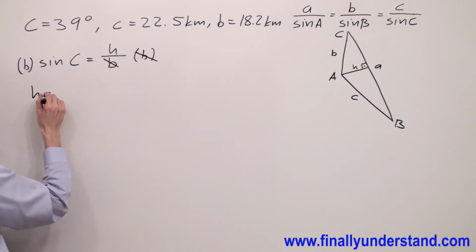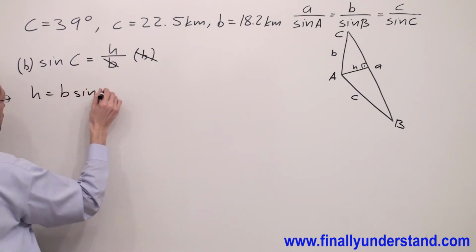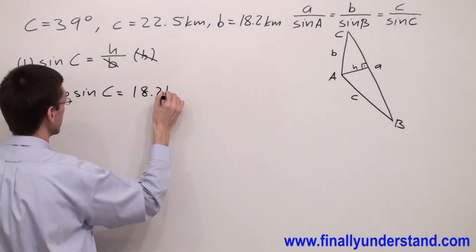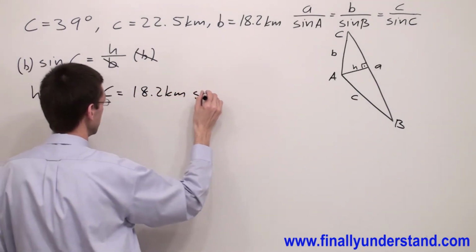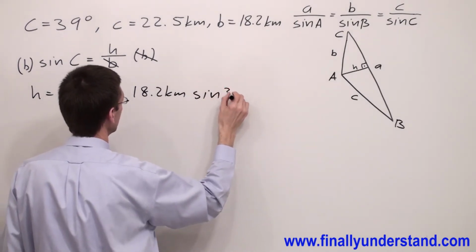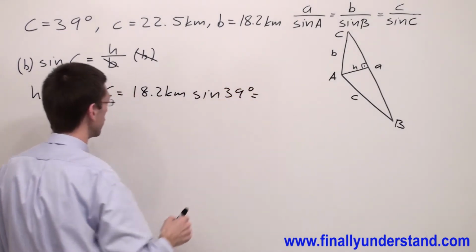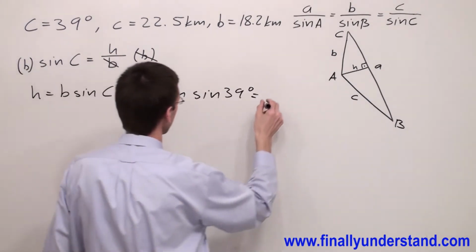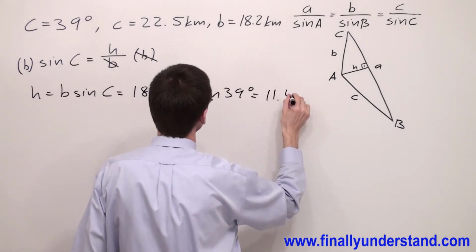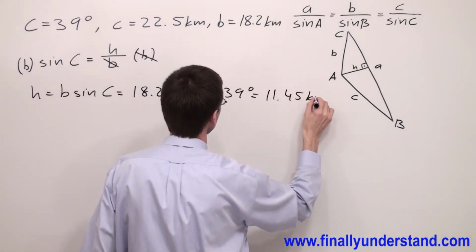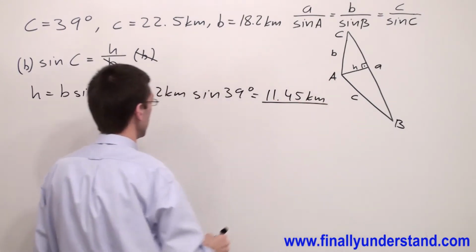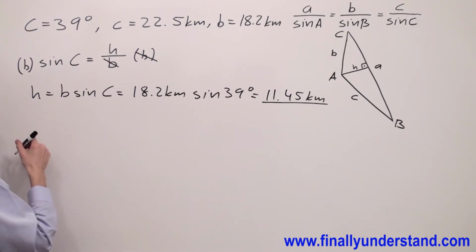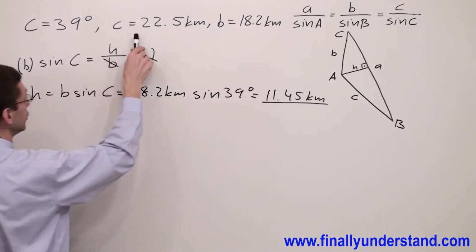So H is equal to B sine of angle C, where B is equal to 18.2 kilometers times sine of 39 degrees. If you plug these values into the calculator, you're supposed to obtain 11.45 kilometers.